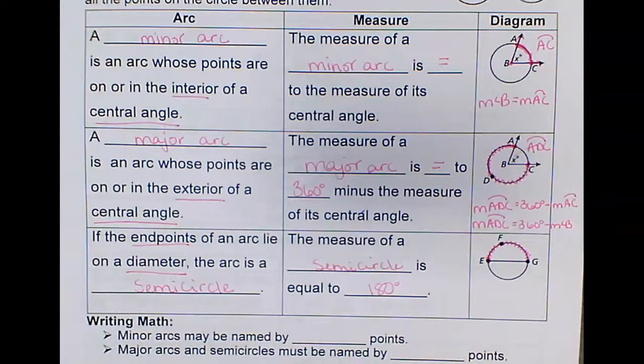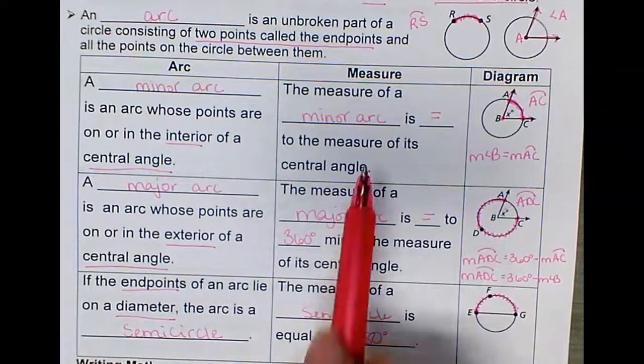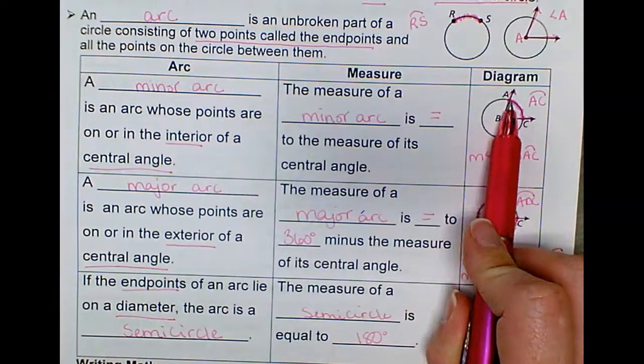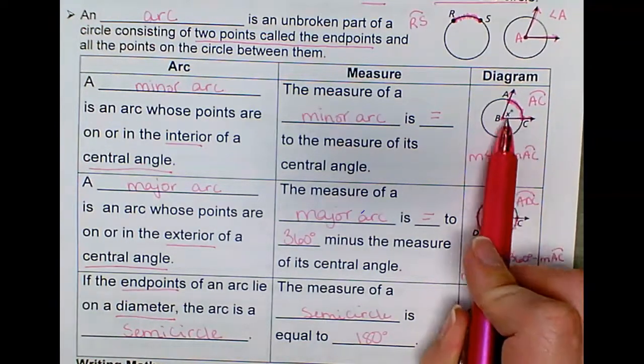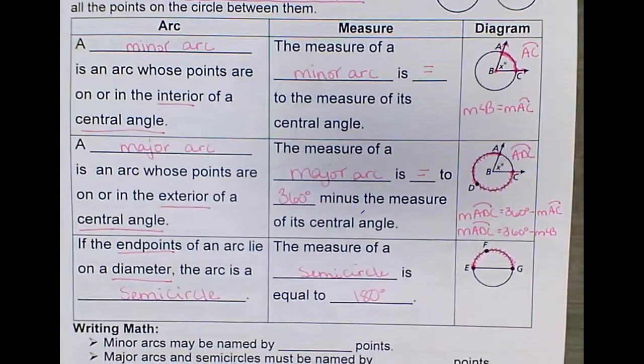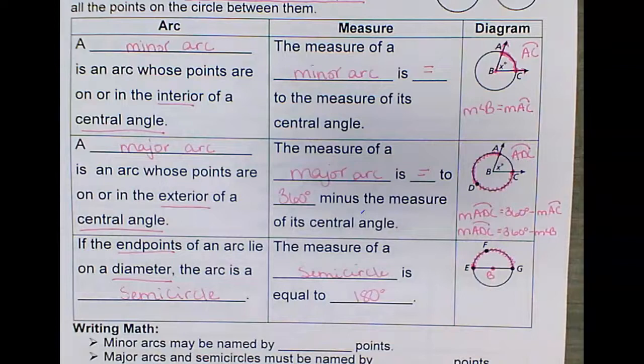The other way that we can tell that the measure of a semicircle is equal to 180 degrees is by looking at that minor arc measurement information. The measure of a minor arc is equal to the measure of the central angle, the angle with the vertex at the center of the circle. So if you look at the semicircle, here's my center. Maybe we call this center B, just like in the other ones.